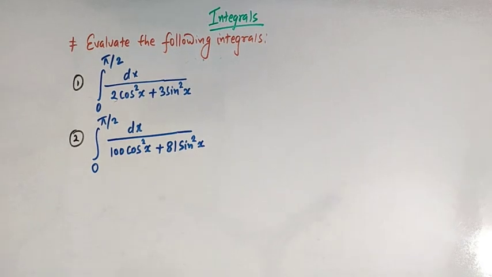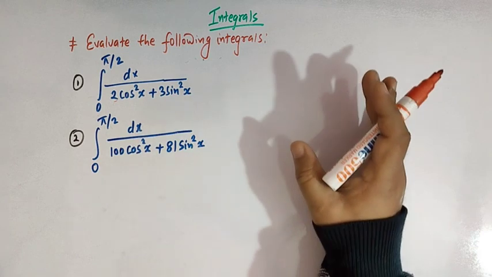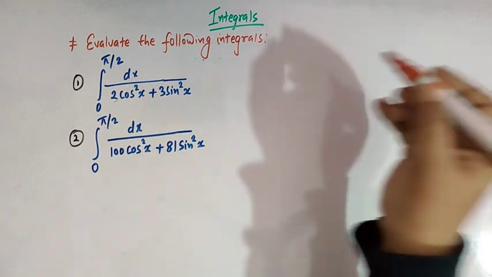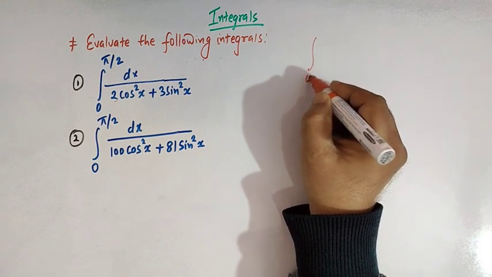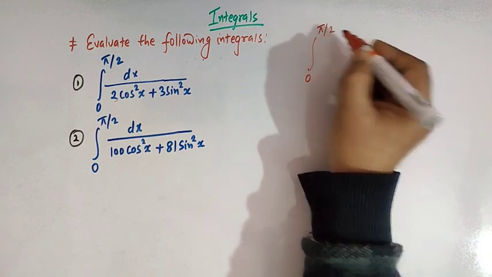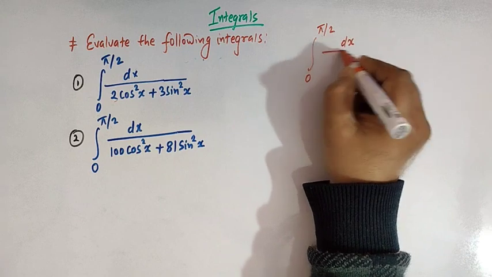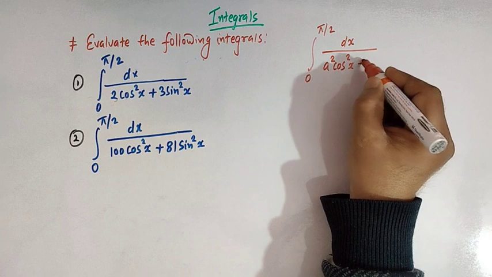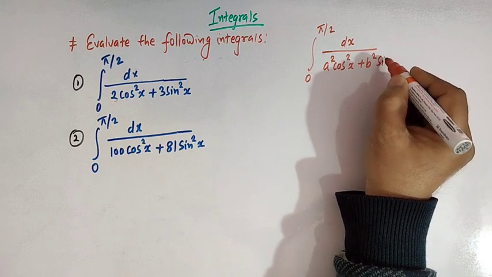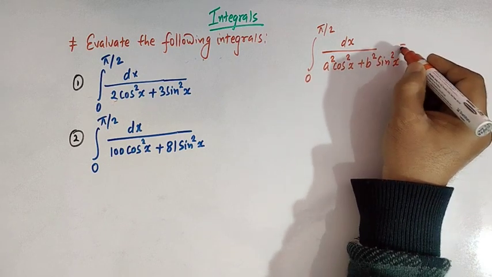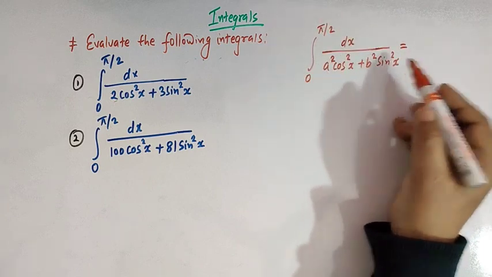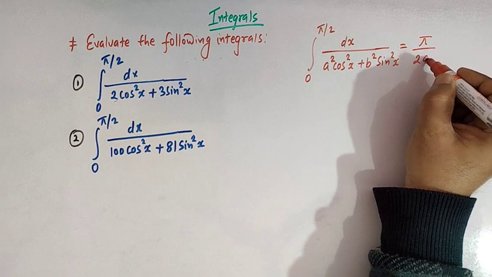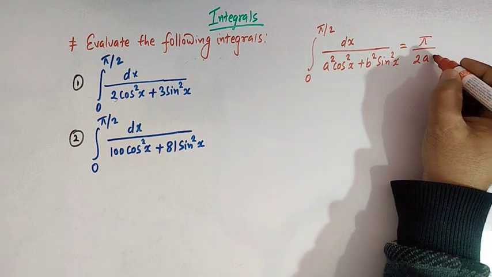So now let us write the general integral which is similar to these two integrals, right? We know that if we have the integral from 0 to pi by 2 of 1 over a square cos square x plus b square sin square x, then the direct value of this integral is pi divided by 2 times the product of a and b, right?